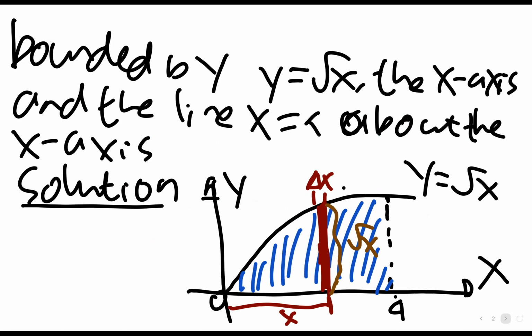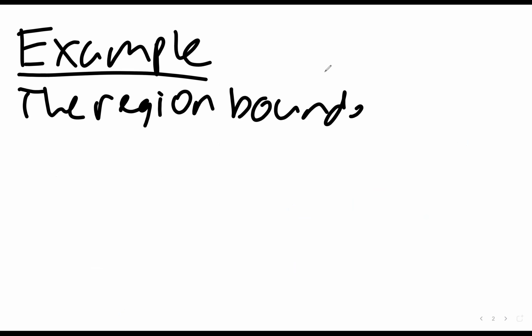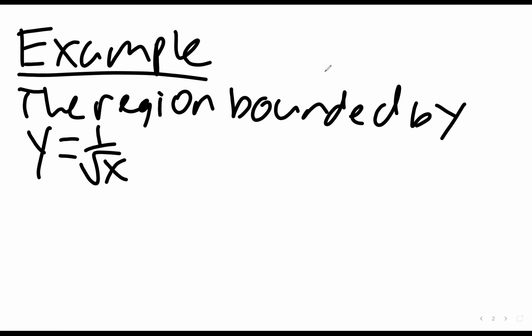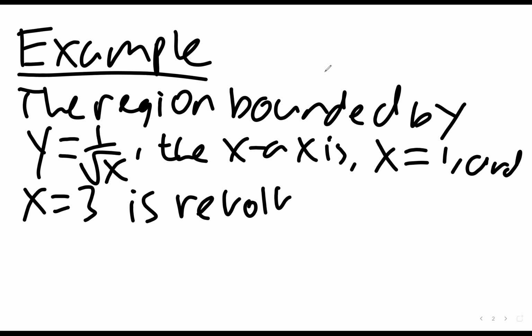Okay, let us see just one example for this method. The example is: let us consider the region bounded by y equals 1 over square root of x, the x-axis, x equals 1 and x equals 3, and this region is revolved about the y-axis.